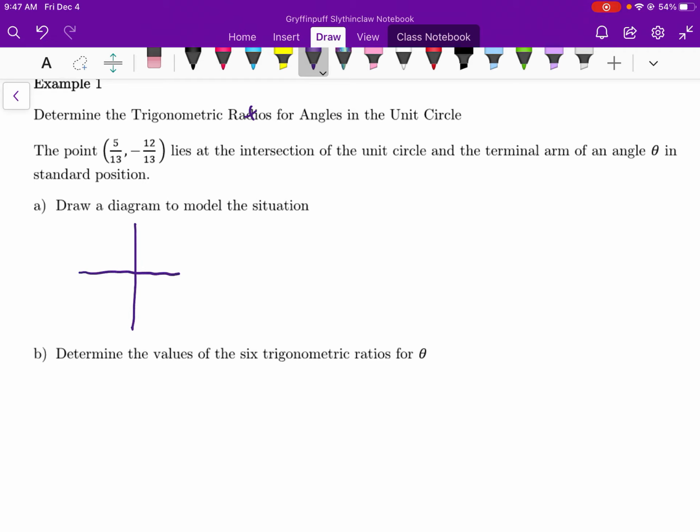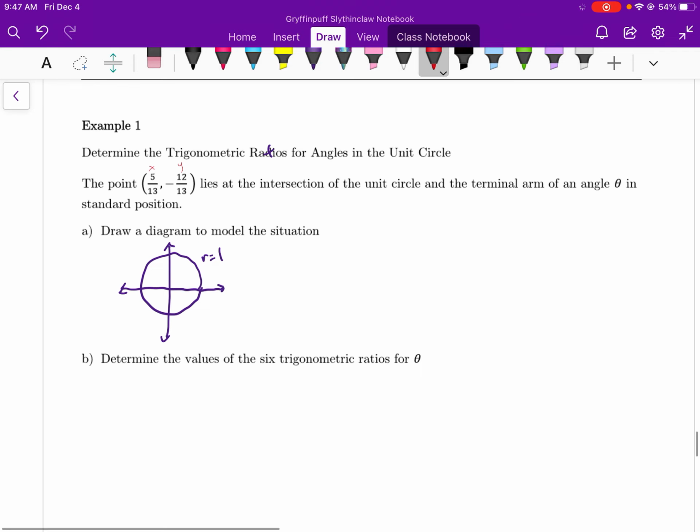So here's my Cartesian plane. I'm going to have a circle with a radius of 1, and this would represent my unit circle, so radius 1. And on my terminal arm, I have the coordinate x, y, 5 over 13, comma, negative 12 over 13.